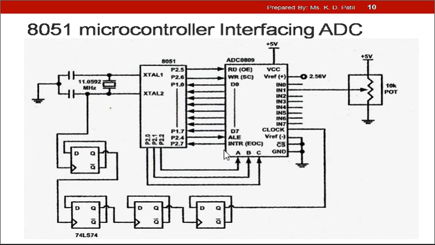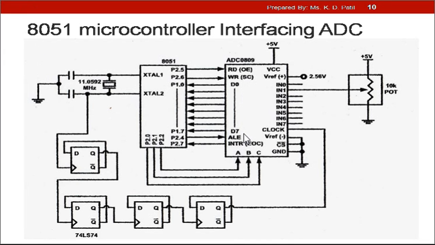After the channel selection and address selection, the address latch enable pin will latch the address and the selected channel. After that the conversion will start, and the start of conversion pin will indicate to the ADC to start the conversion process by sending the signal low to high.